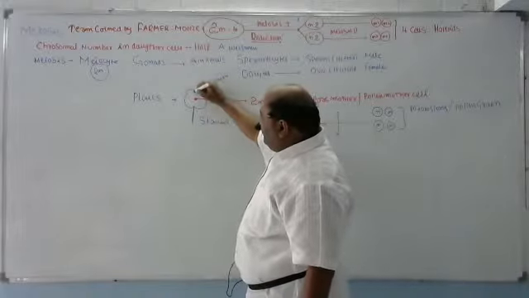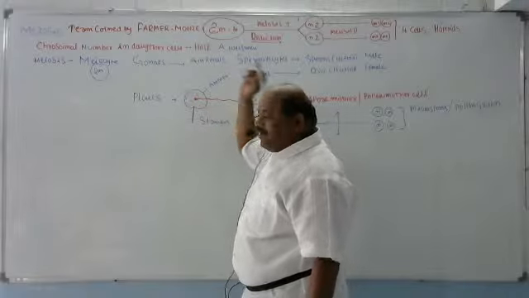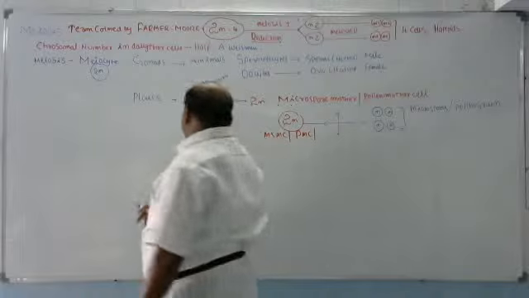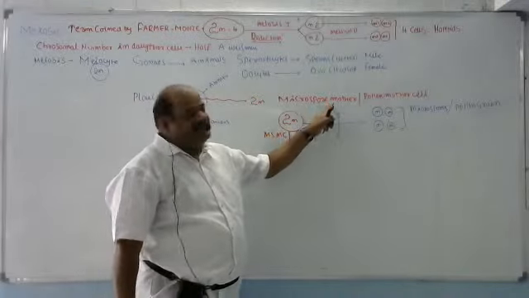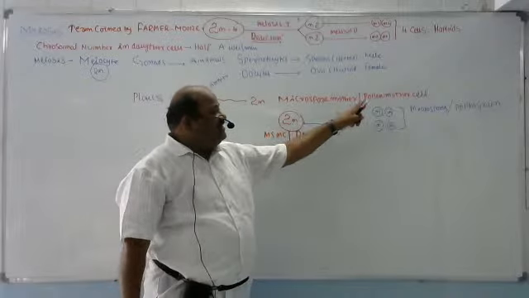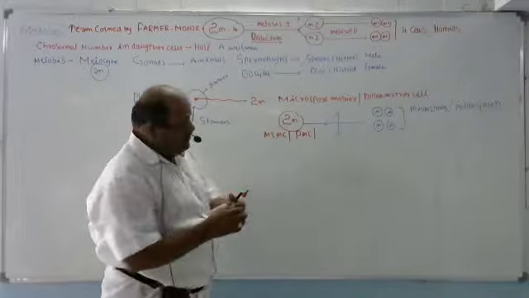So in the anther, finally, pollen grains are produced. The cell responsible for the meiosis process is the microspore mother cell, otherwise called the pollen mother cell.